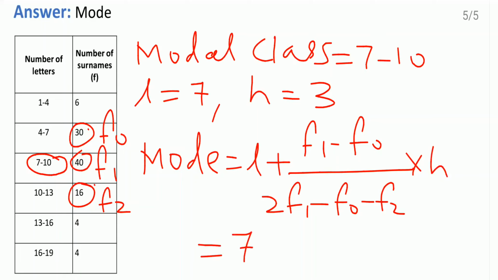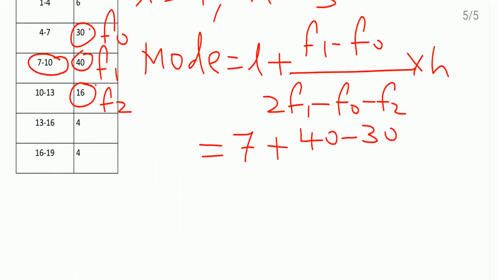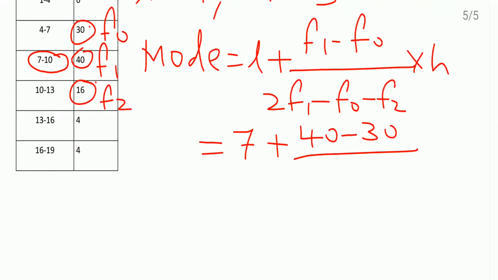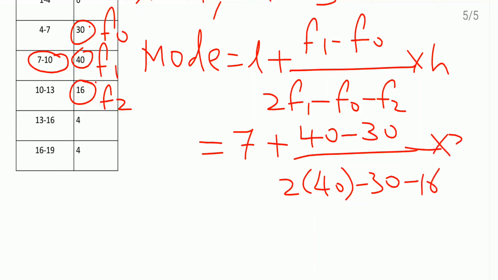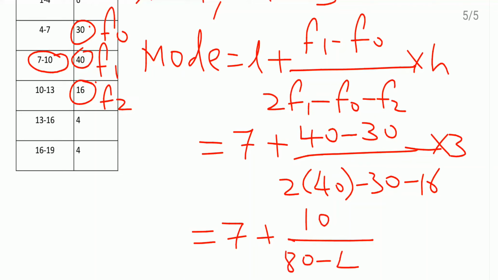L is 7 here plus f1 is 40 minus 30, then here 2 times 40 minus 30 minus f2. f2 is 16, into h is 3. 7 as it is plus 10 divided by 80 minus 46, into 3.